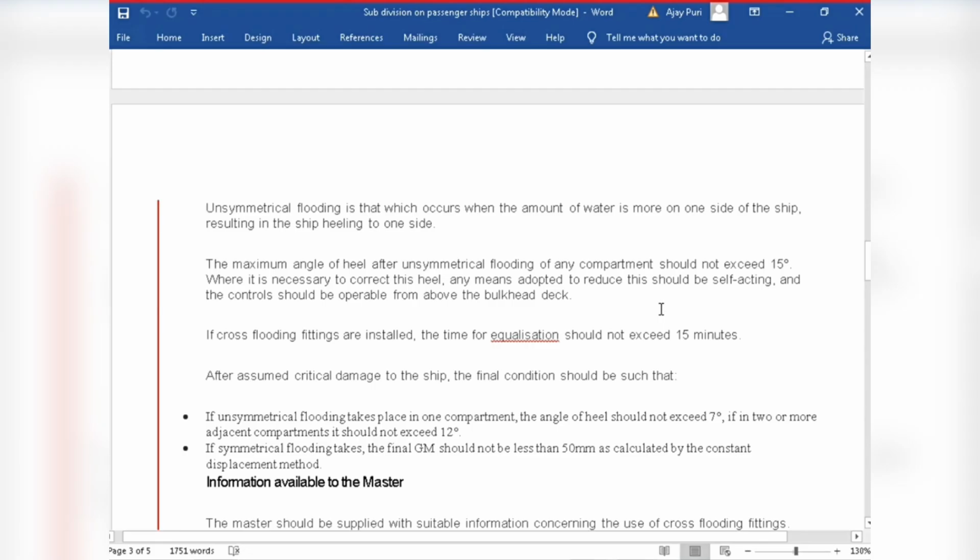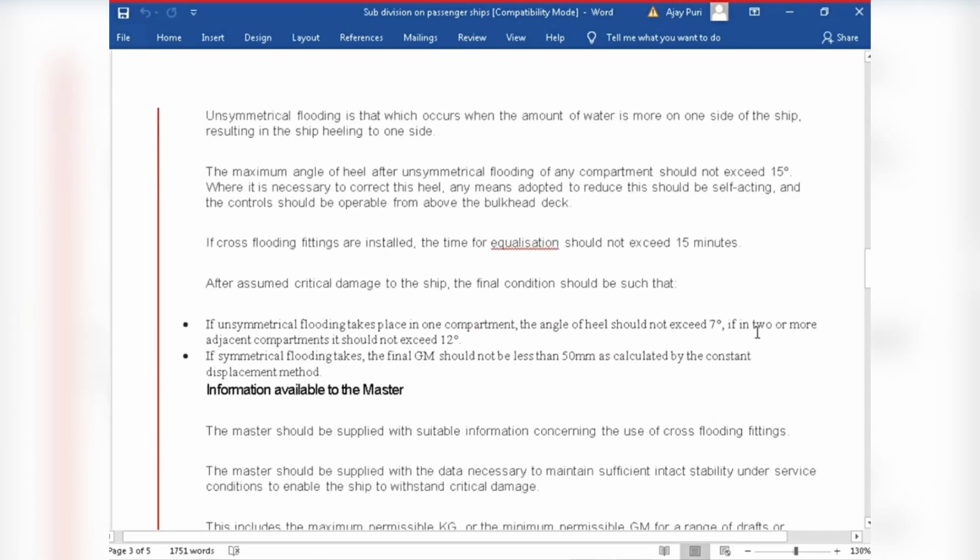That means the heel correction should be done above the bulkhead deck. So if cross-flooding fittings are installed, the time of equalization should not exceed 8 minutes. So you have anti-heeling tanks there in Ro-Ro vessels to correct that heel, which we have done in construction.